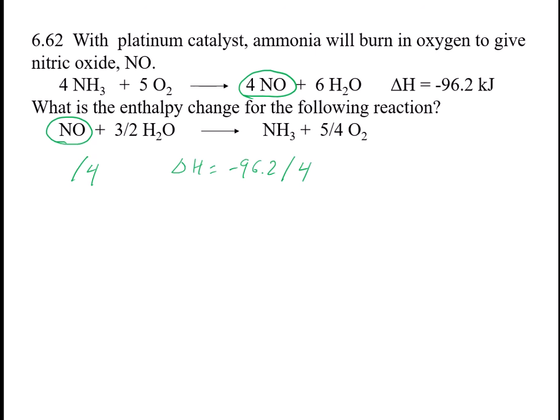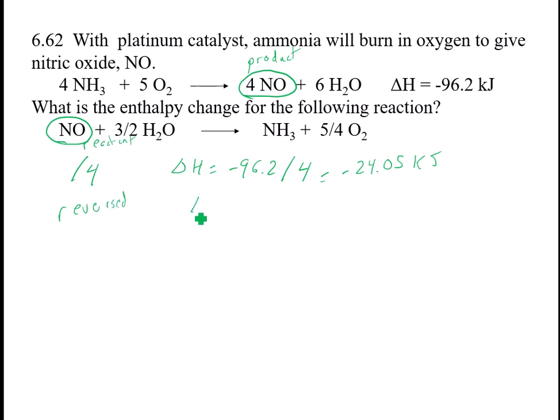I didn't pick up my calculator before. So a negative 96.2 divided by 4 gives me a negative 24.05. That's still in kilojoules. Here, this is a product. This is a reactant. So therefore, I also reversed it.